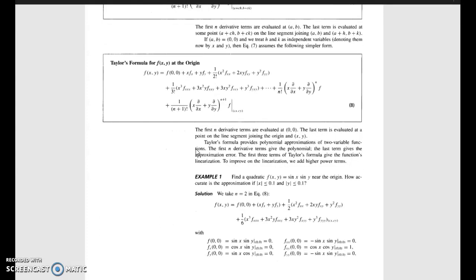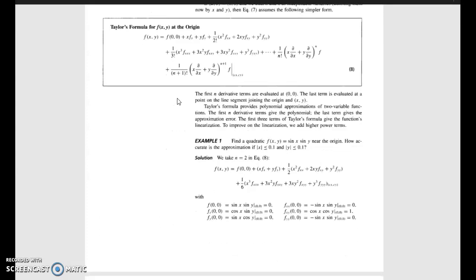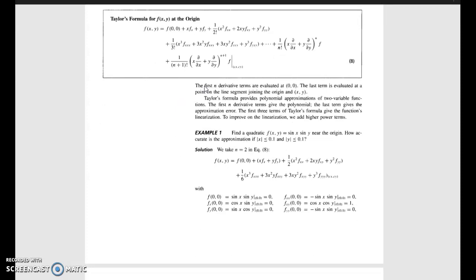What will be the Taylor's formula at the origin? That is the Maclaurin series in the case of a function of one variable.